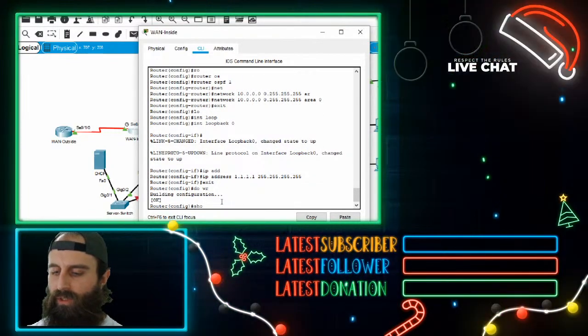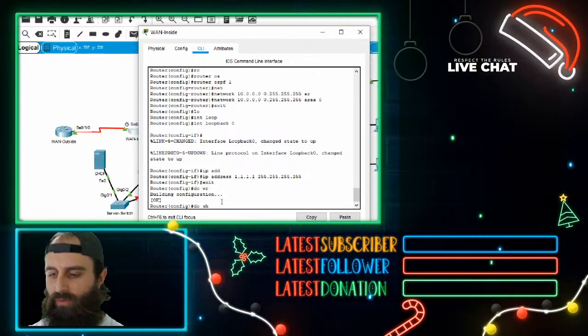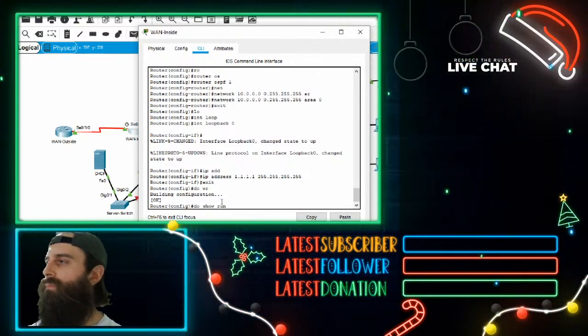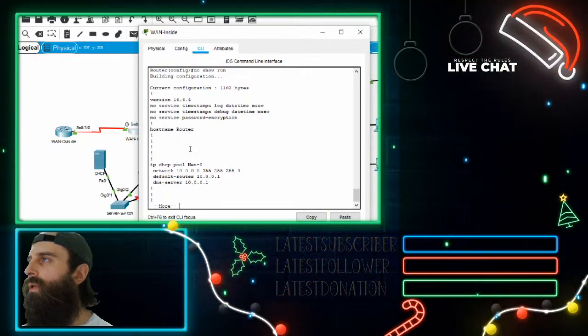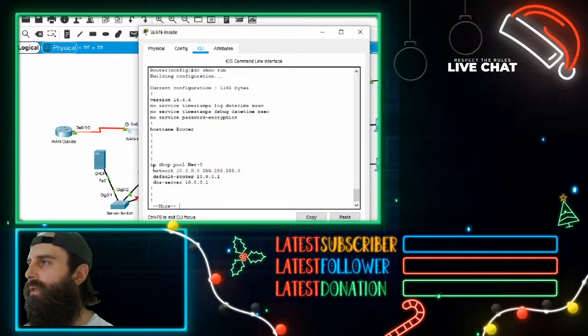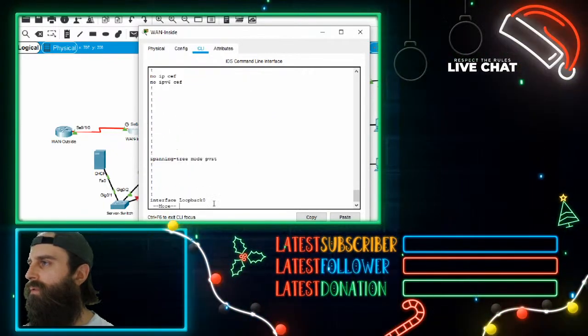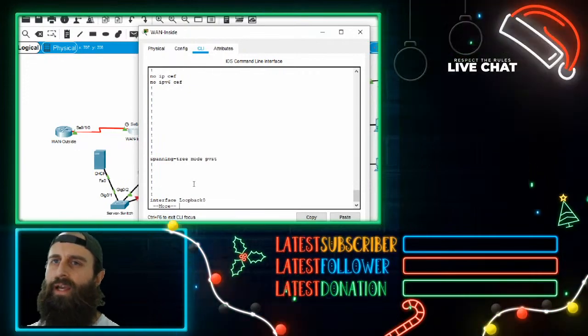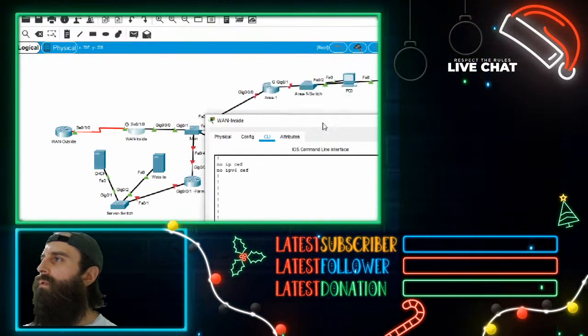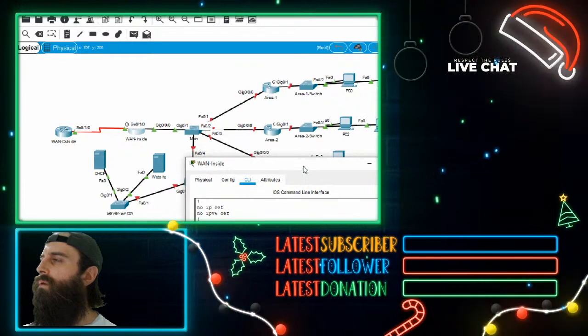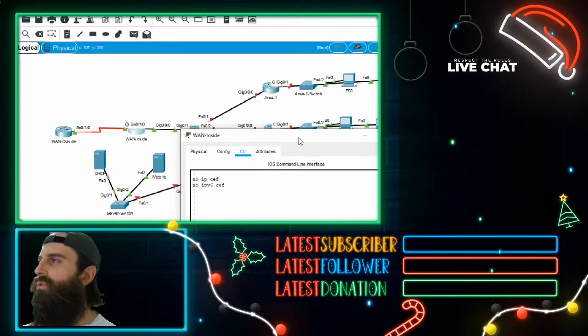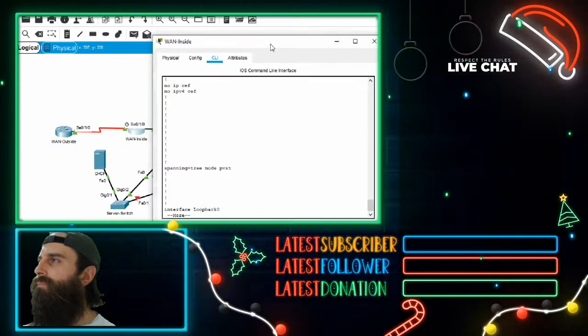And let's just do a do show run real quick. I just want to look at what we got. We got a quick DHCP. That's just going to be for VLAN. I should actually make it for all the other ones too. Let's do that. Yep. Yep.